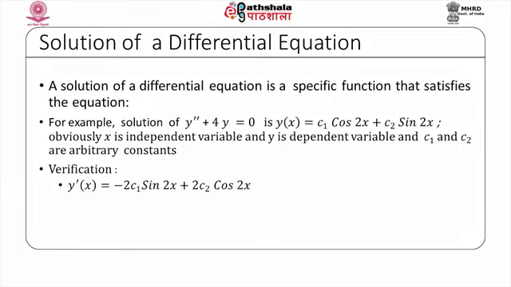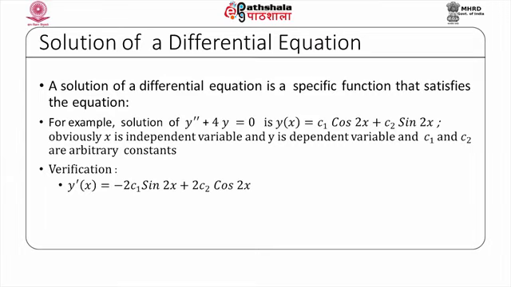So, we get y dash is minus 2 c1 sin 2x plus c2 into the derivative of sin, which is cos 2x, into the derivative of 2x, that is 2. So, the first derivative dy by dx is minus 2 c1 sin 2x plus 2 c2 cos 2x.